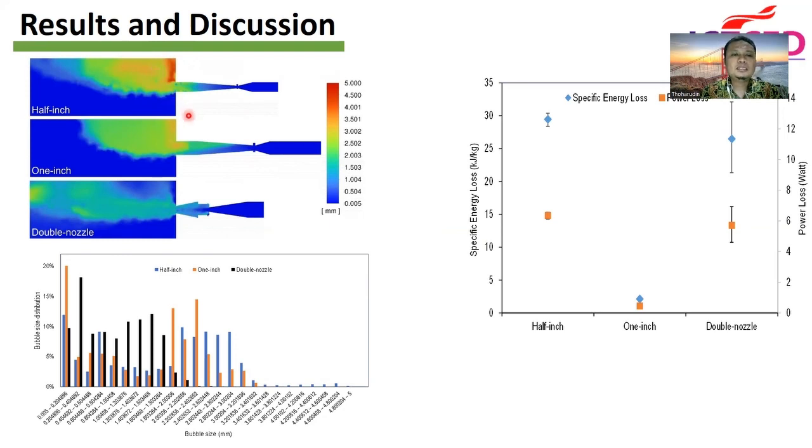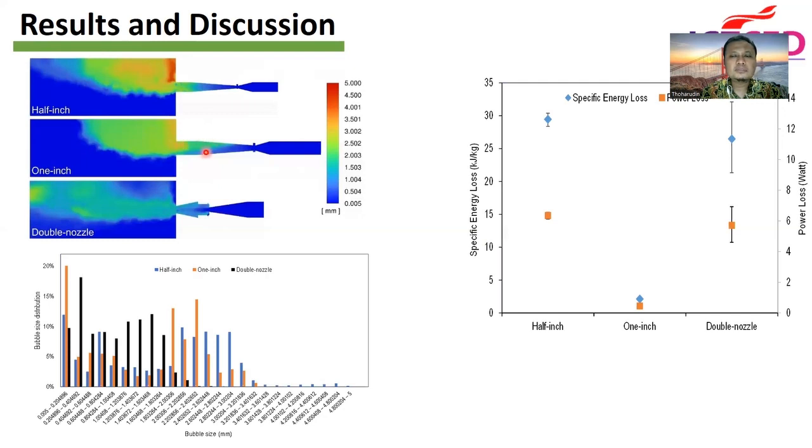And different from the half-inch Venturi bubble generator, the 1-inch Venturi bubble generator has a separation section here. So the water flows in the bottom of the Venturi bubble generator, and the air flows at the upper side.